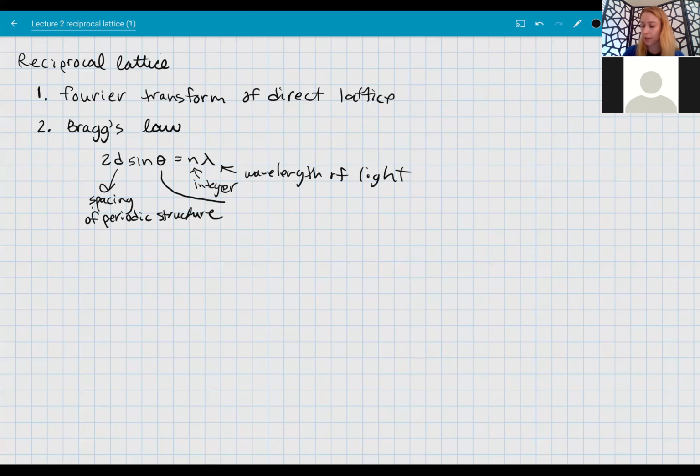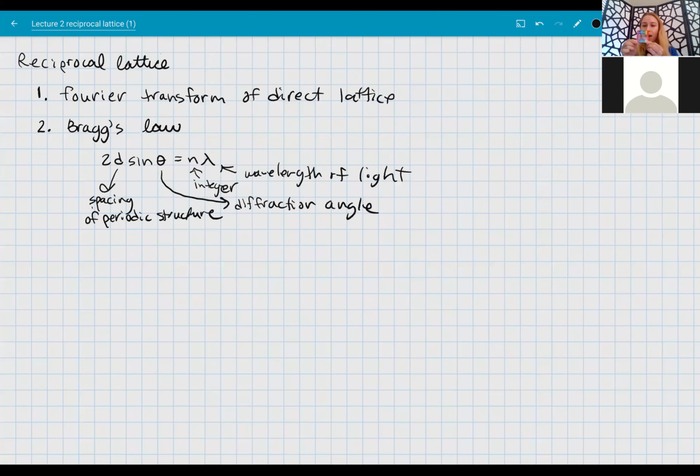And theta is the deflection angle of the light, the diffraction angle rather. So as a reminder of this concept, let me just do a very quick demo.